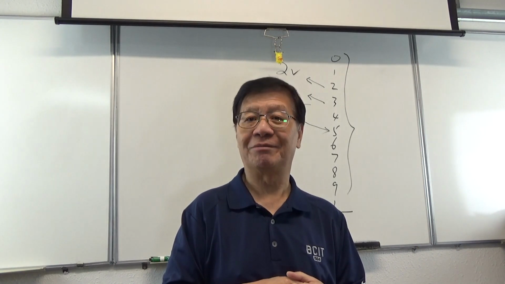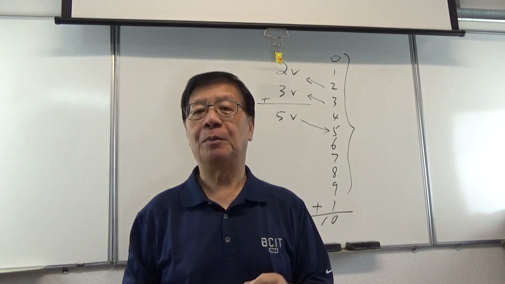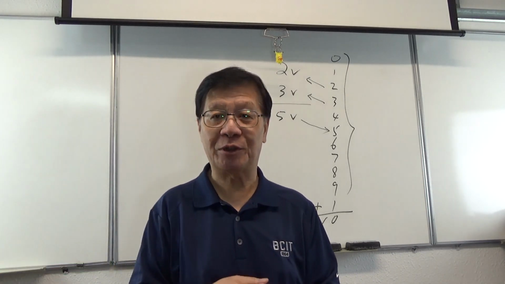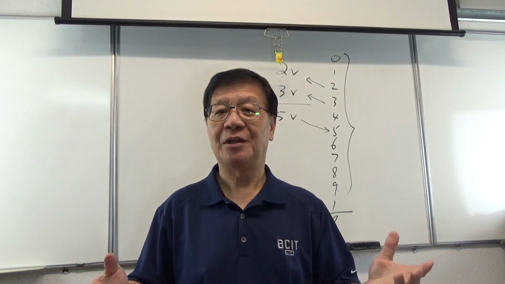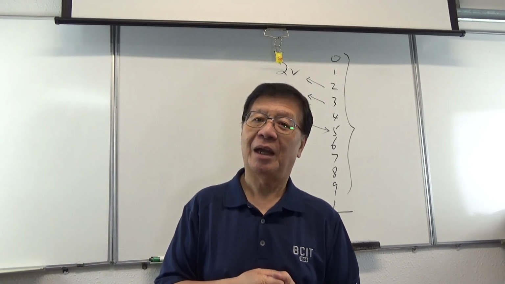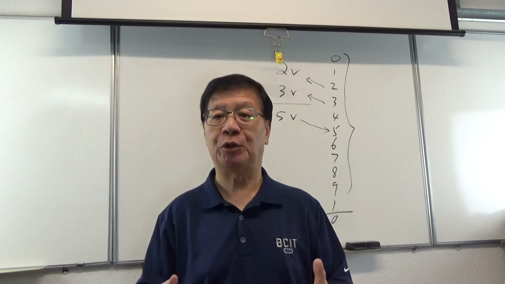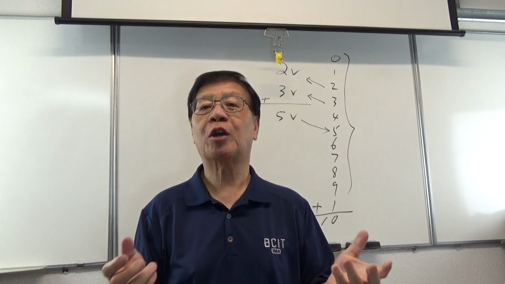I'd like you to agree with 2 facts later on. The first one: we could use some other numeral system instead of the decimal system, and still count, still do the calculation. Another fact is that we could use numbers to represent other things. That's so-called coding, right?